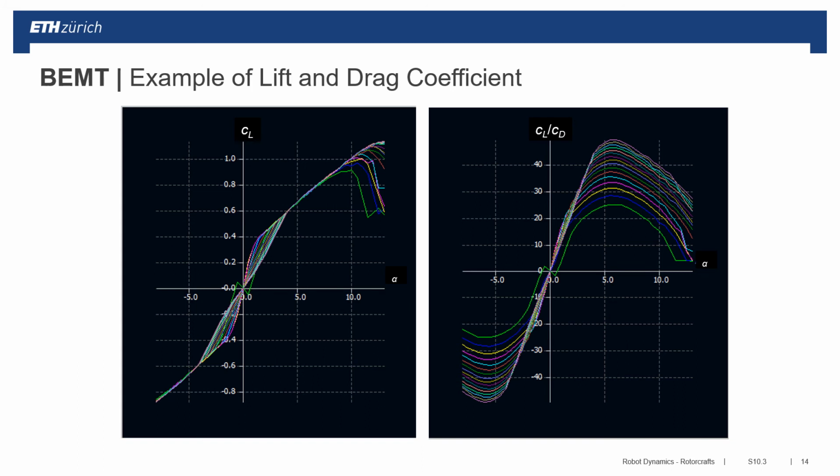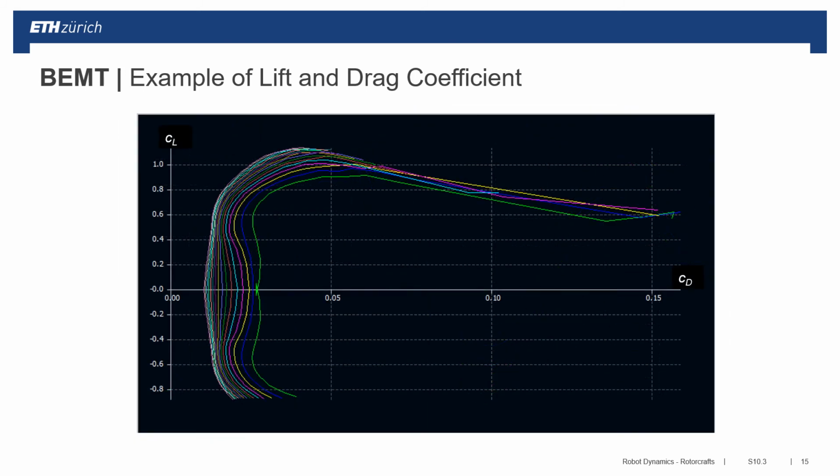On the other side you can see that for example for a lift coefficient of 40 you have a drag coefficient which is probably about 10 times smaller, which means that your propeller is pretty efficient and is mainly generating lift and very little drag.